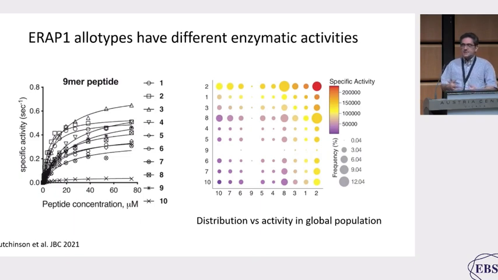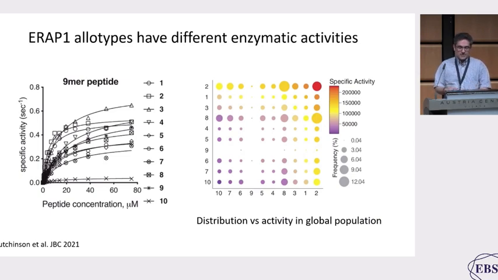So we've been studying these allotypes, and one thing we immediately noticed is that their enzymatic activities vary quite a bit. And actually there are some extremes, some outliers. If you look at the graph on the left, this is a Michaelis-Menten analysis for trimming of a 9-mer peptide. And you can see, for example, allotype 10 seems to be enzymatically defective, at least for this particular substrate.